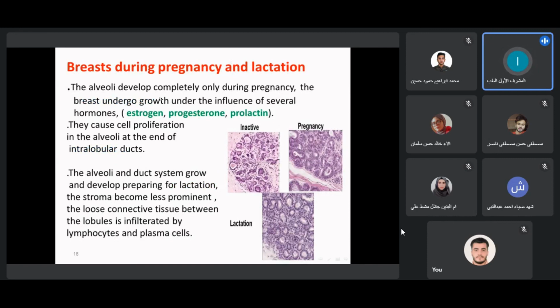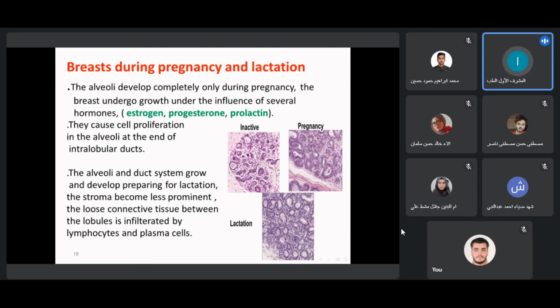During pregnancy and lactation, the alveoli will develop and undergo growth under hormonal influence: estrogen, progesterone, and prolactin. The alveolar epithelial cells will proliferate and increase much in size.